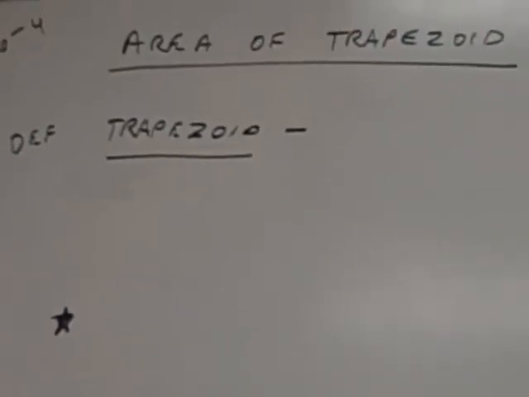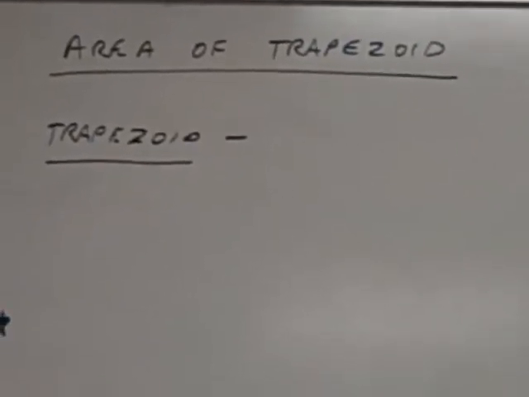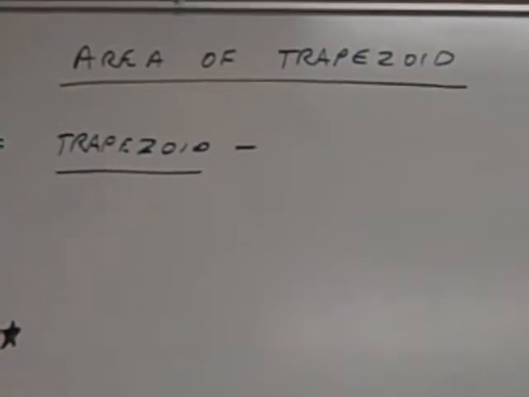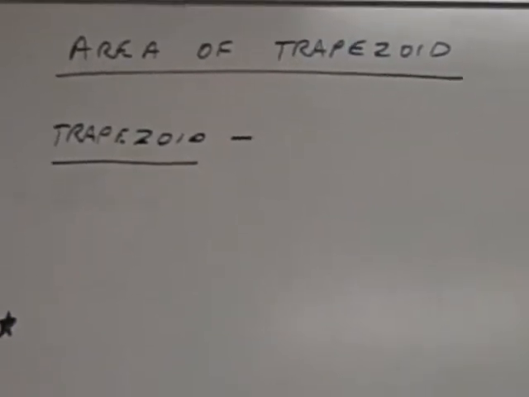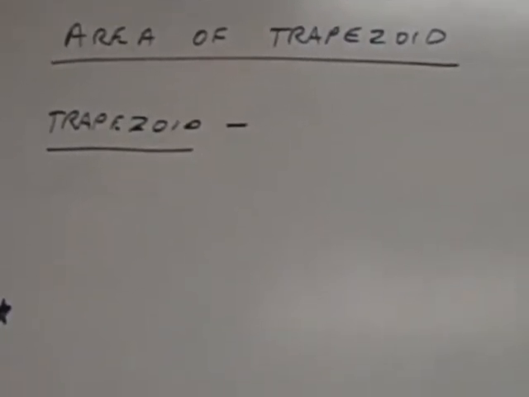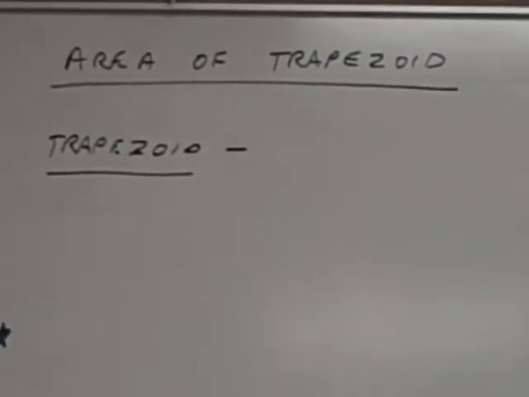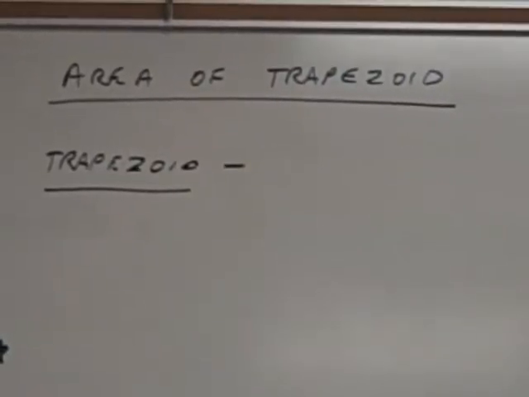Now we did area of rectangles. And they gave us a nice shortcut formula. Length times width. We also did parallelograms. Parallelograms don't have length and width, but they have base and height. So base times height. Then yesterday we did triangles.